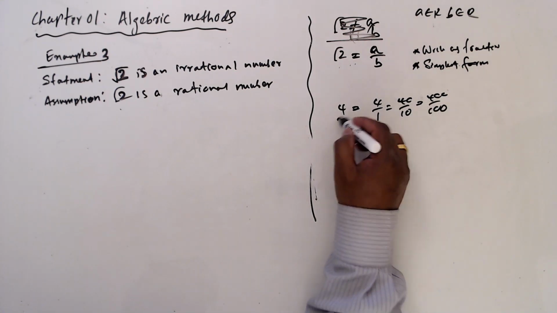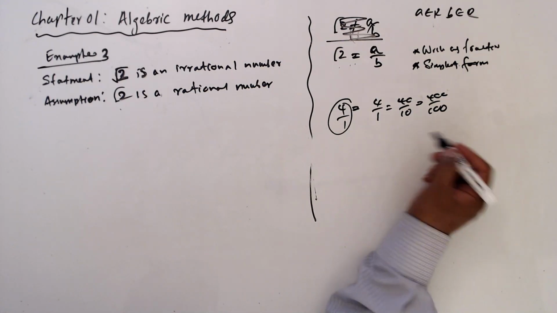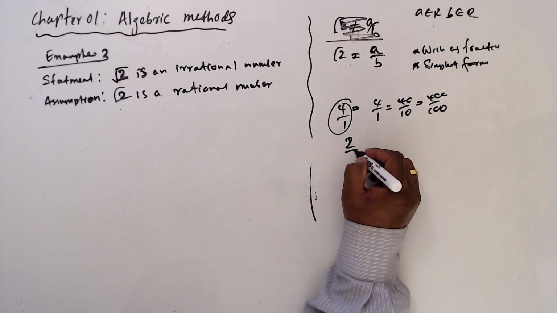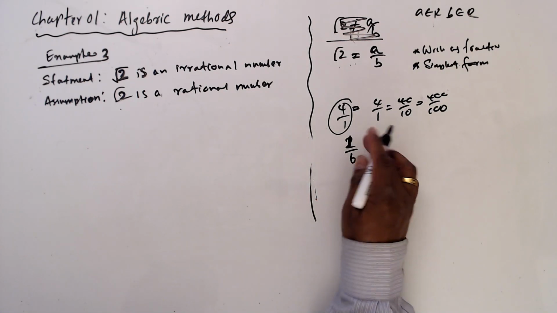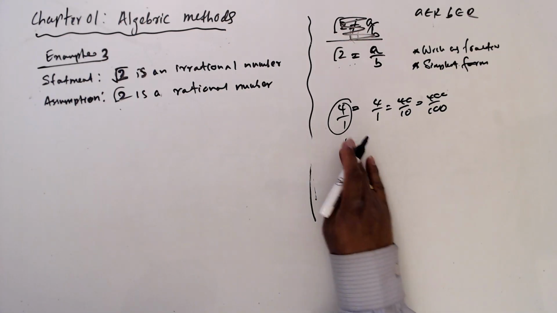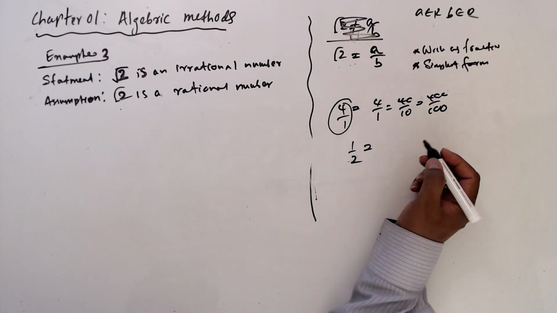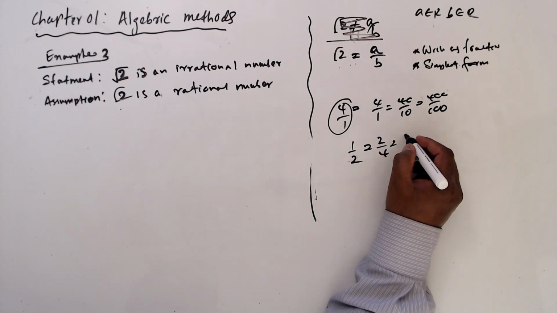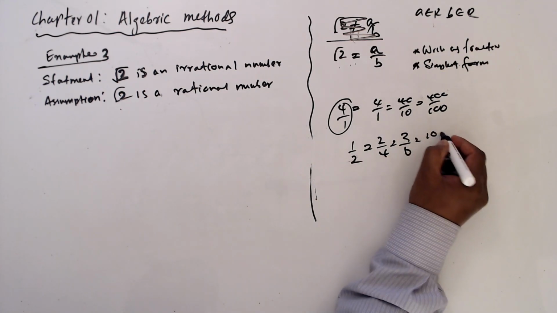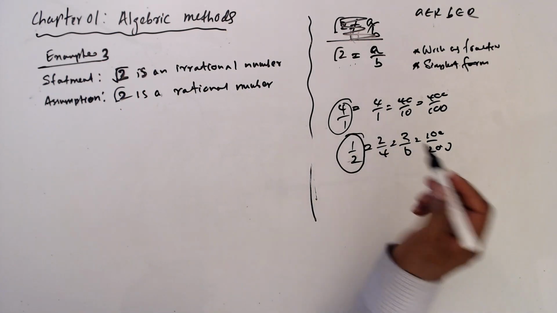So now it is in the simple form, this one, 4 over 1. Another one, 2 over 6 is 1 over 3. We'll take half. Half we can write as 2 over 4, so many ways, 3 over 6, 100 over 200. So in the simplest form, it is in this form.